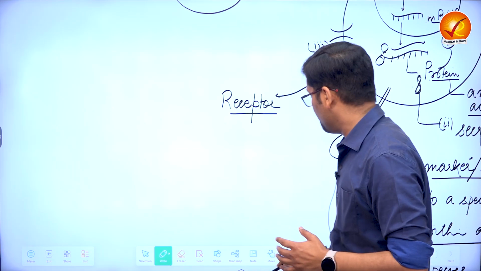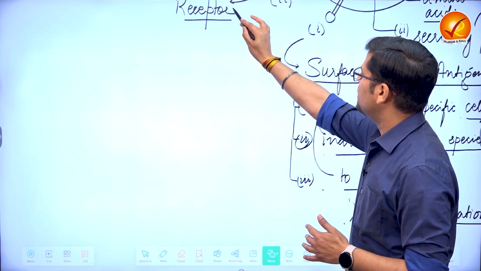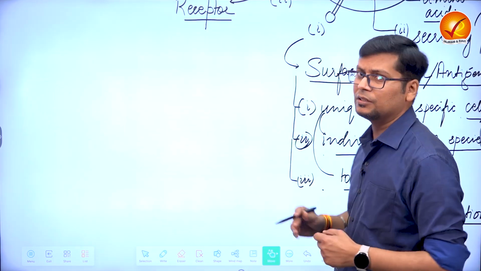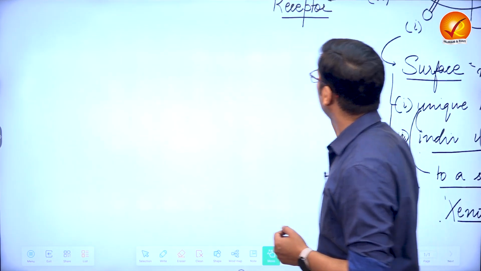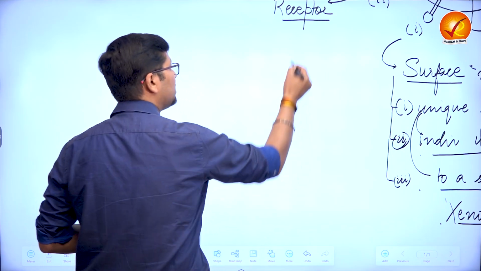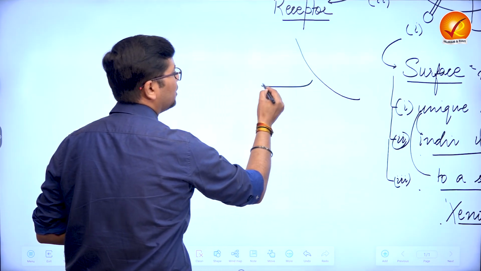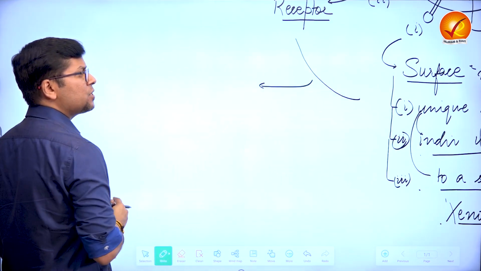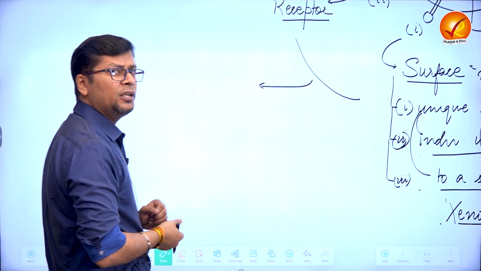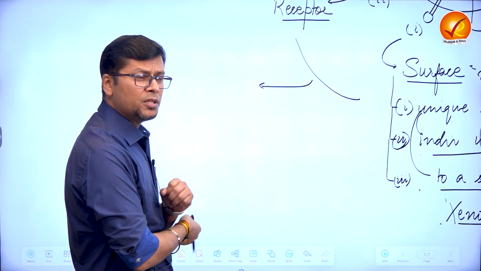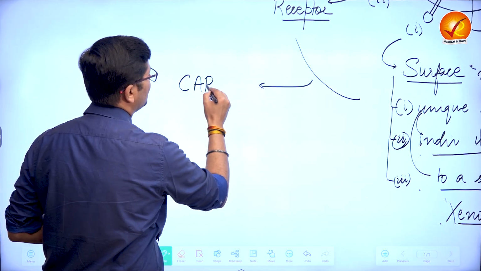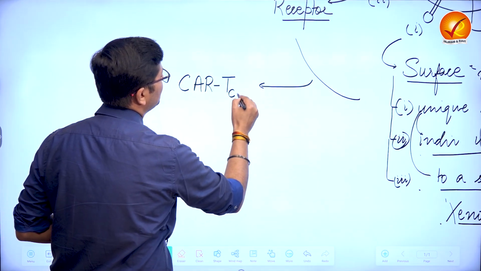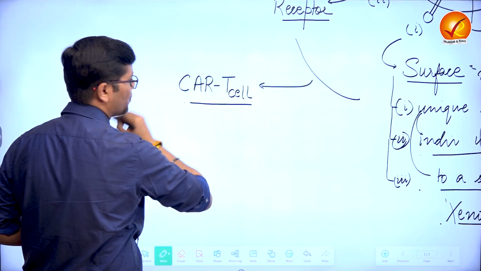Now if I club both these concepts, receptor and the surface antigen, let us see how you can easily understand the recent development, which, take it from me, would stand a good chance of getting reflected in your prelims and mains both. What we call CAR T cell therapy.